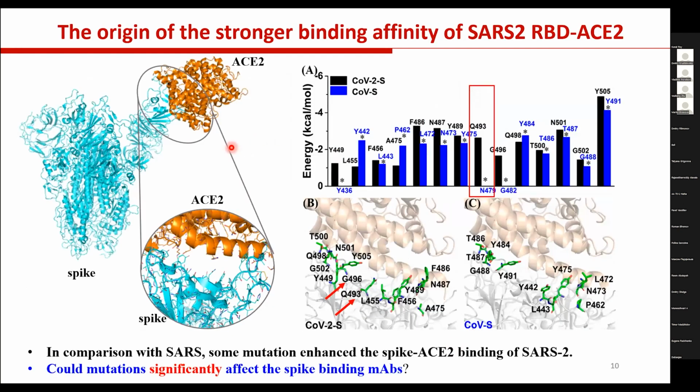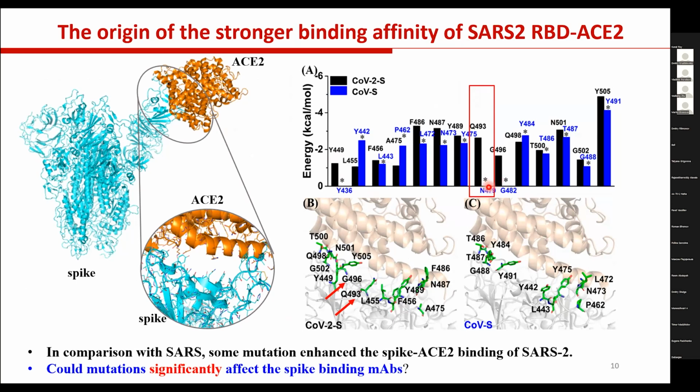Then we looked into the interaction details between ACE2 and the RBD domain of the spike. And I show you all the key residues from the RBD with free energy contribution larger than 1 kcal per mole.